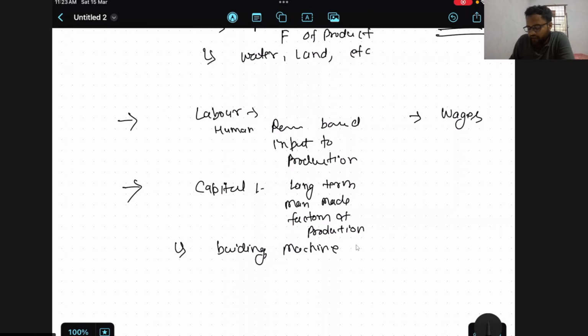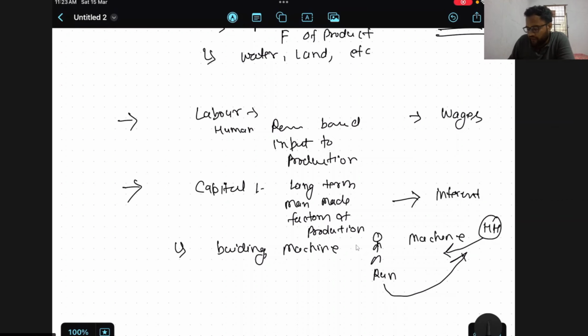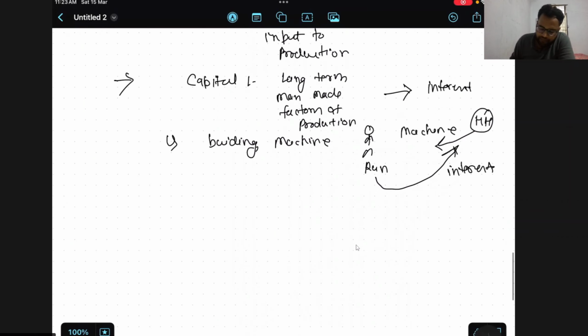These things are required in order to run any firm. So the factor payment would be the interest. Let's say some household is giving a machine to a person in order to run that machine, then this person will return a payment, which is known as the interest. That is the factor payment for this factor input.